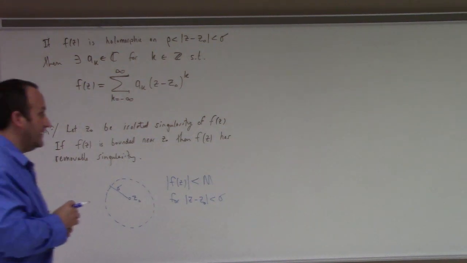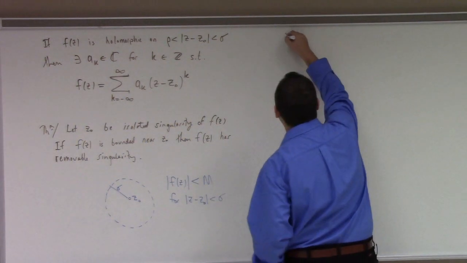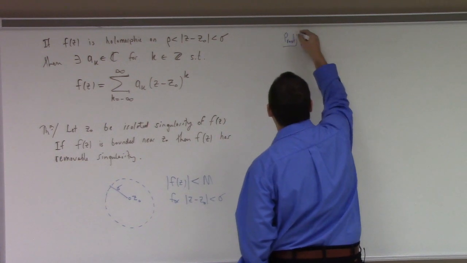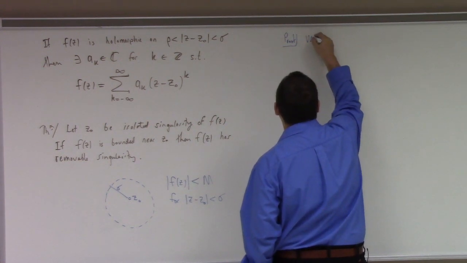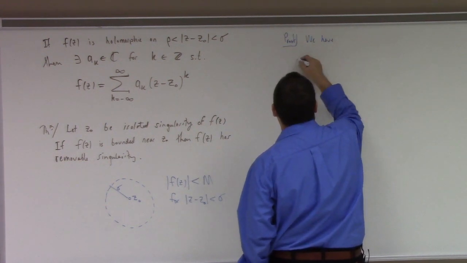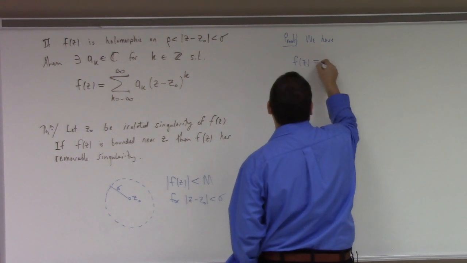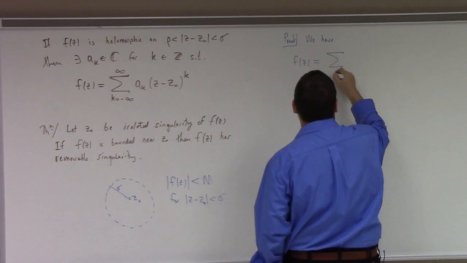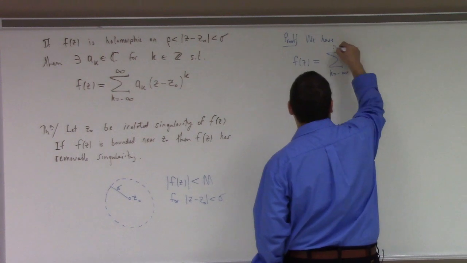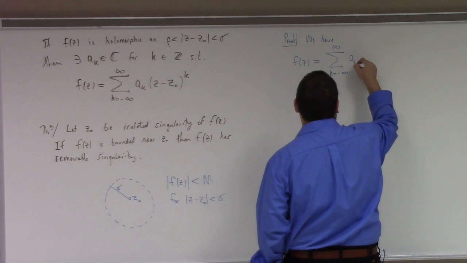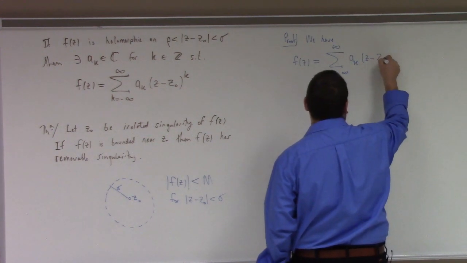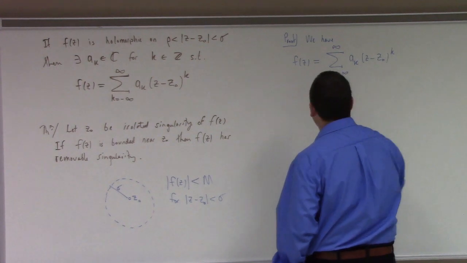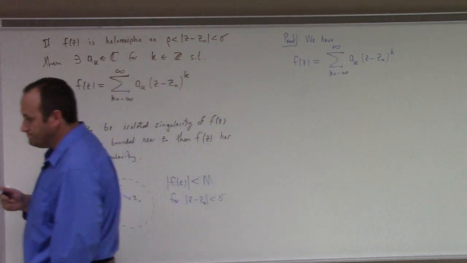But we also have what? We also have f of z is the sum, k equals minus infinity to infinity, of a sub k, z minus z naught to the k, right?